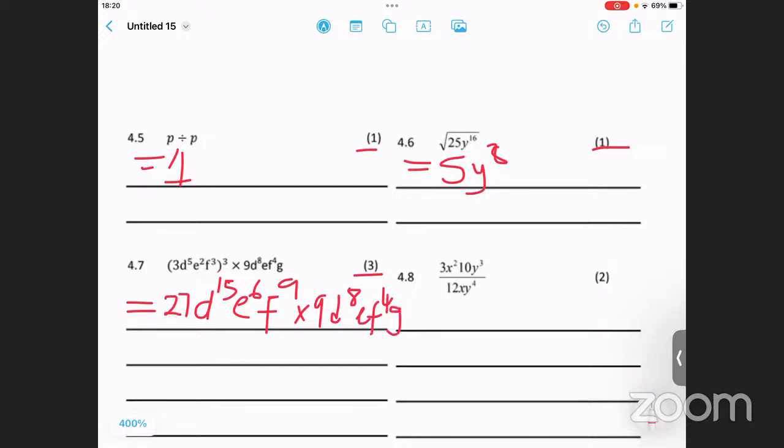And then what I got was 243d, 15 plus 8 is equal to 23, so to the power of 23, e to the power of 7, f to the power of 13, and then g. That's what I got. Okay, cool. And this is your final answer.